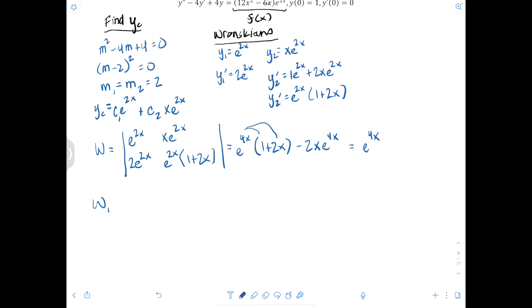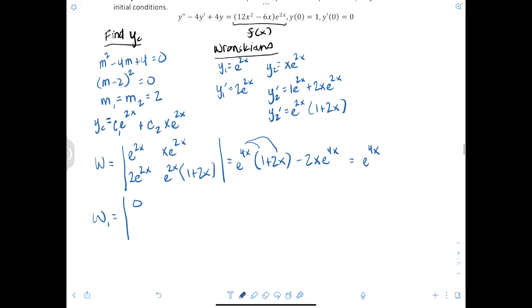And our w1 will be, so we replace 0 and our f of x, which is 12x squared minus 6x times e to the 2x in our first column. And then we'll have our xe to the 2x and e to the 2x times 1 plus 2x as the second column.